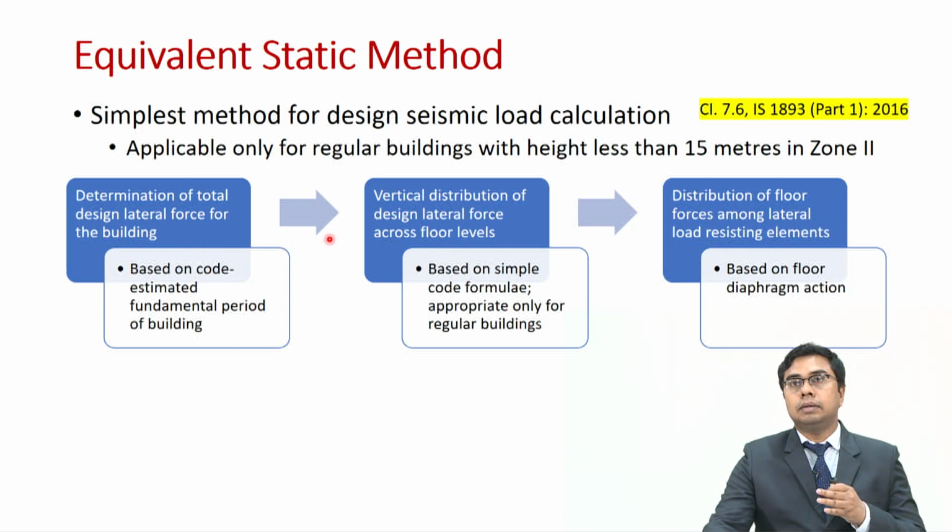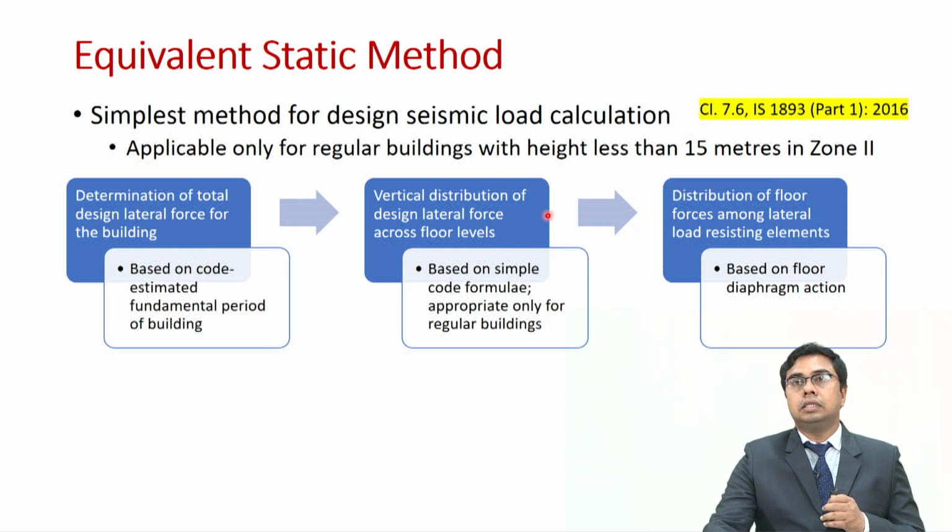Then the second step is to determine the vertical distribution of design lateral force across various floors. In this case, the code gives us a very simple formula, which is appropriate only for regular buildings, and this is obviously true as this method is applicable only for regular buildings.